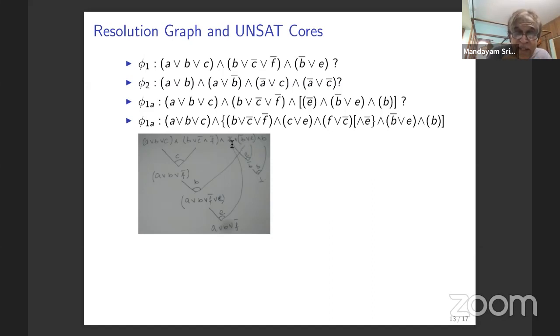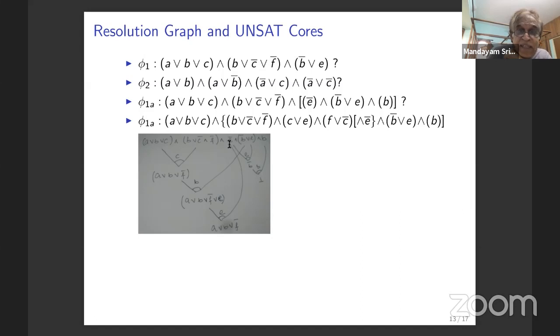You see that the unsatisfiability of this formula is shown by this small resolution graph.